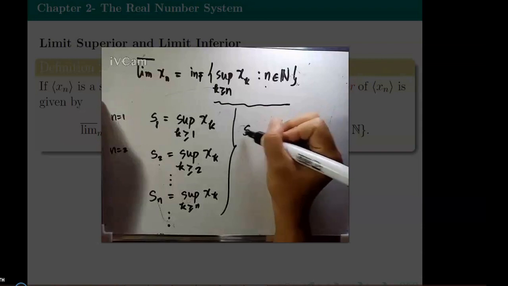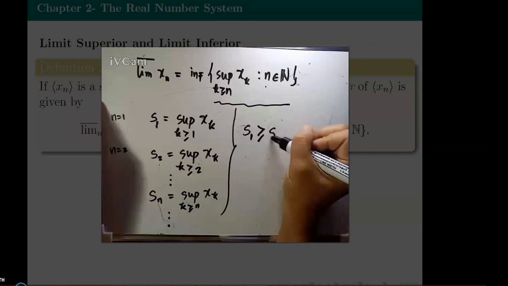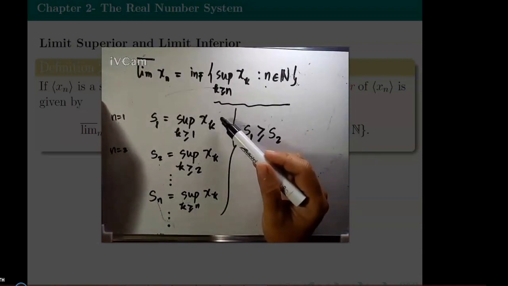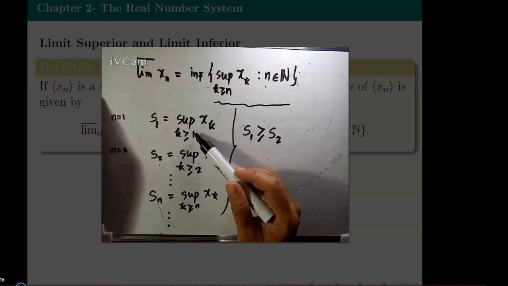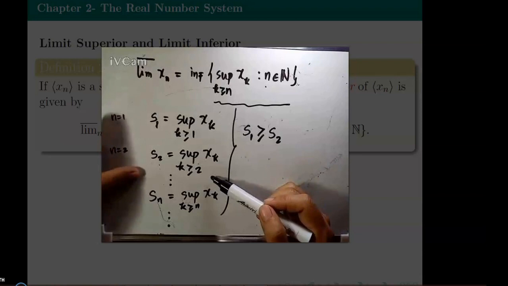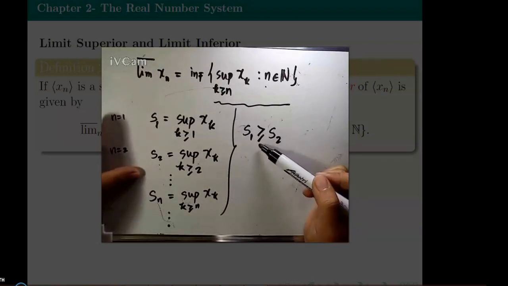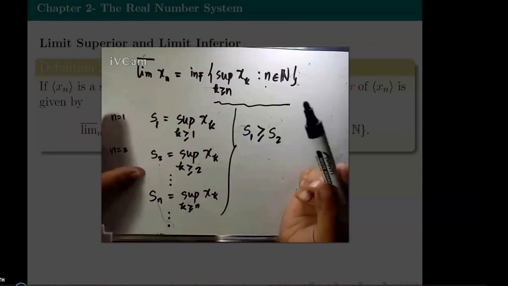Notice that s sub 1 is greater than or equal to s sub 2. Why? Because in this sequence, we got the supremum of this sequence where k is greater than or equal to 1. So we already got the supremum. In the next sequence, s sub 2 could be smaller, or it could be equal if it happens to be the same number as the supremum in s sub 1.